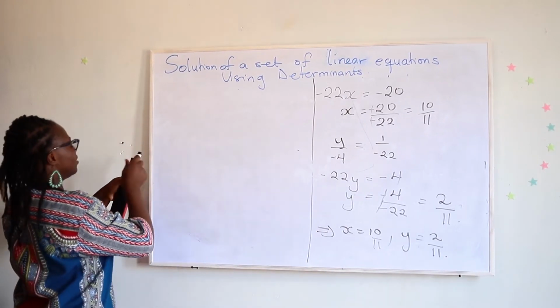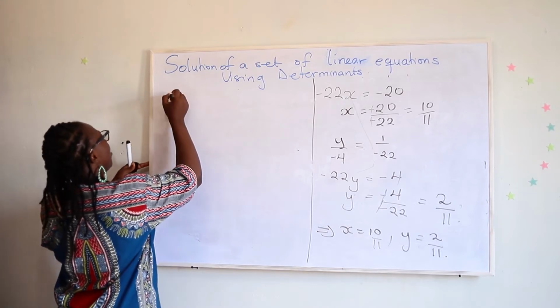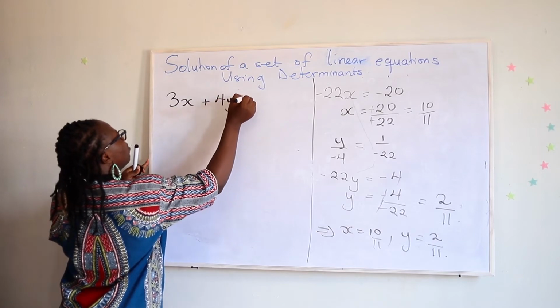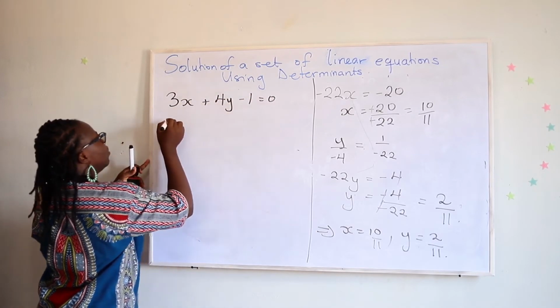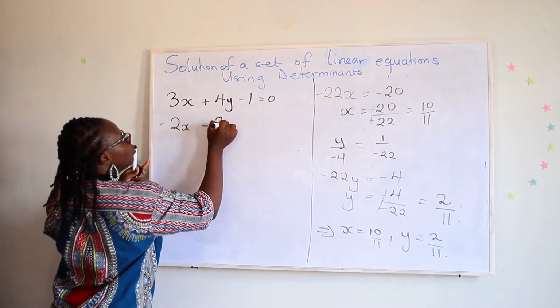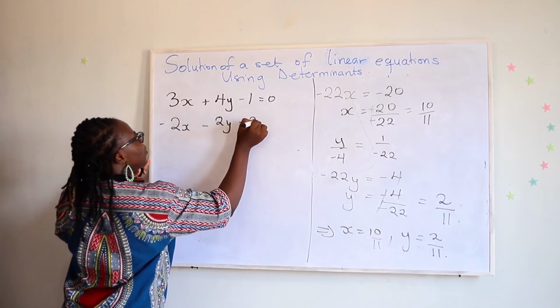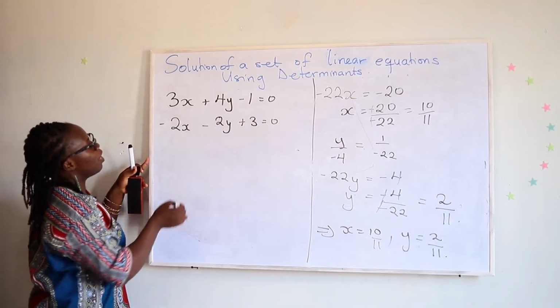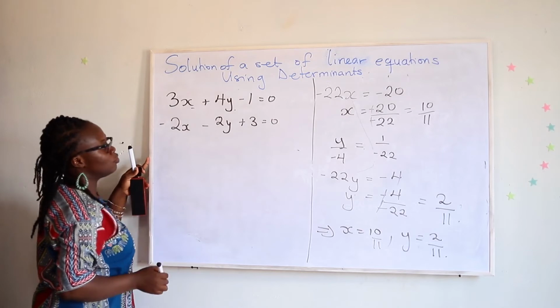Okay, so our second example, we have 3x plus 4y minus 1 equal to 0, minus 2x minus 2y plus 3 equal to 0. We want to find the variables x and y, the two unknowns.